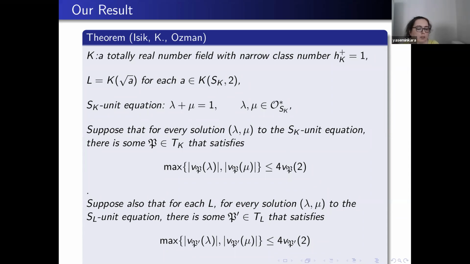So you have finitely many of them, and this T, and it was U in the other theorem, are subsets of this S, but they satisfy some nice properties about valuations, but I didn't write them because then the theorem would be too long. But this T_K is a subset of this S. Okay, thank you.